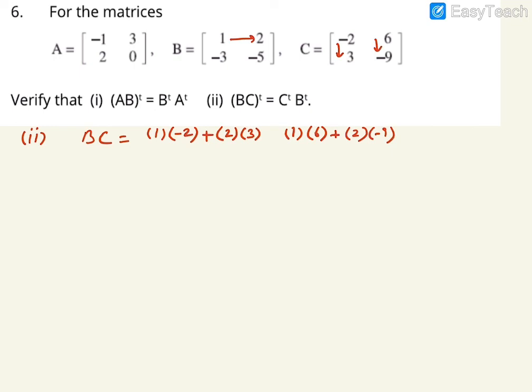The same row will multiply with this column also. Next row, minus 3 and minus 5. Column elements will be same, so you can just copy like that.